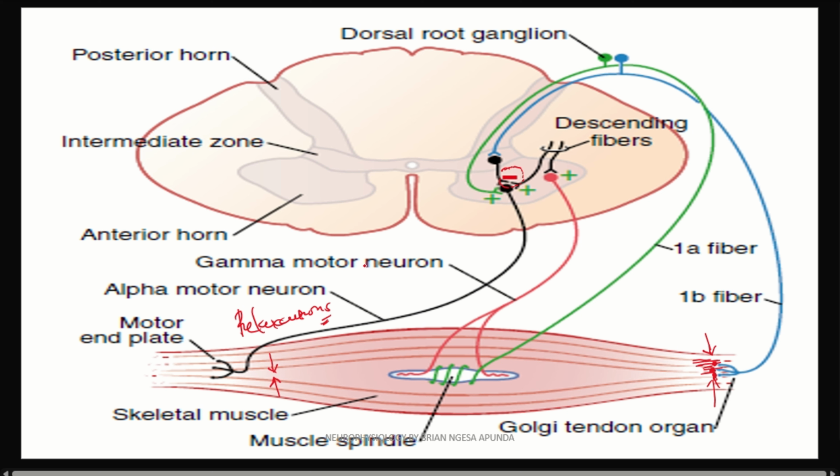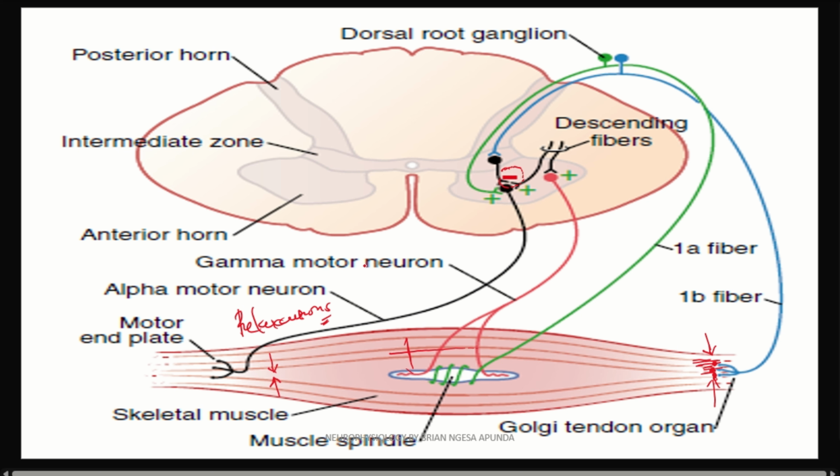So this can directly stimulate the alpha motor neurons to cause contraction, because it is highly likely that when the length is increasing, a contraction can be an adequate response to prevent further stretch, because when you're having stretch, we are not necessarily discriminating. It could be longitudinal or in another way, or a horizontal way.